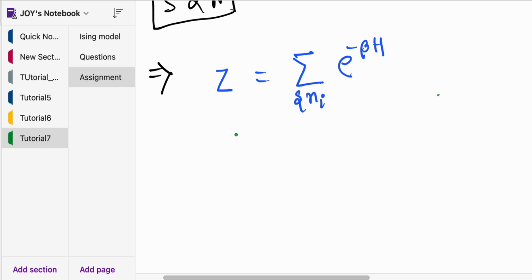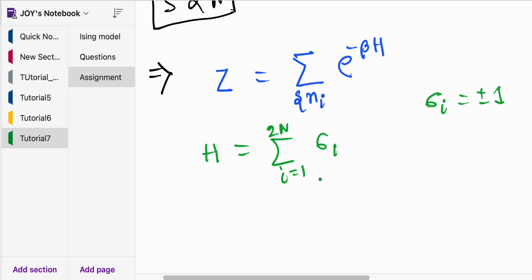Proper way. So the Hamiltonian you can write as the summation of i equal to 1 to 2n of sigma i, where sigma i can take value plus 1 or minus 1. That means if sigma is upward, then the energy will be plus 1, and if it is downward, its energy will be minus 1.